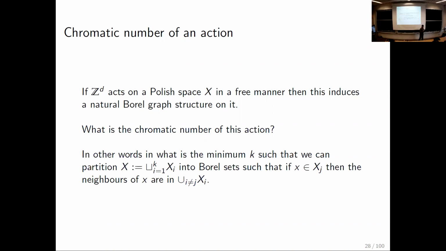For instance, if the chromatic number is 3, this would mean that you can map immediately from your Polish space X into the space of proper colorings. So you need not be one-to-one. Now, if your map is one-to-one, then in fact it's an embedding.